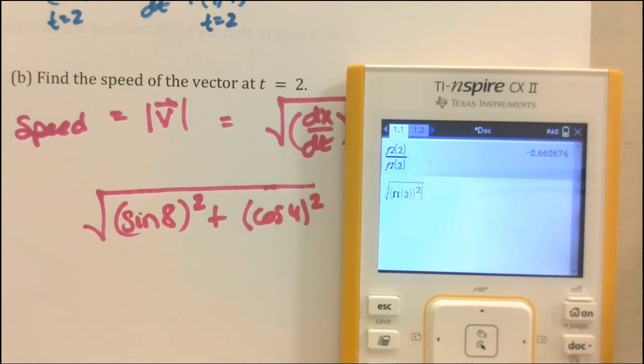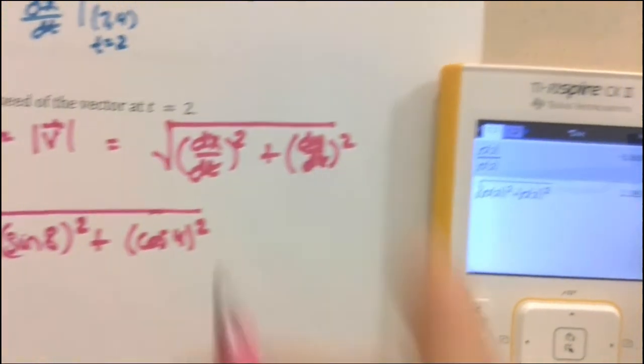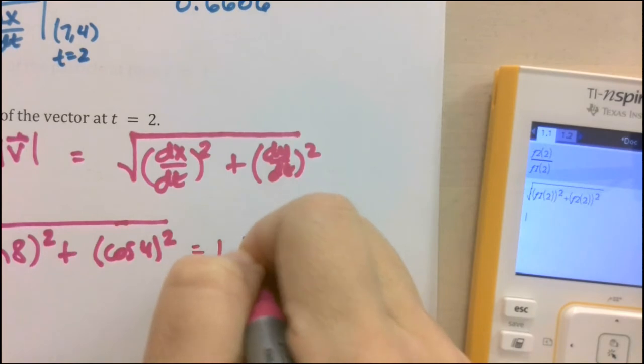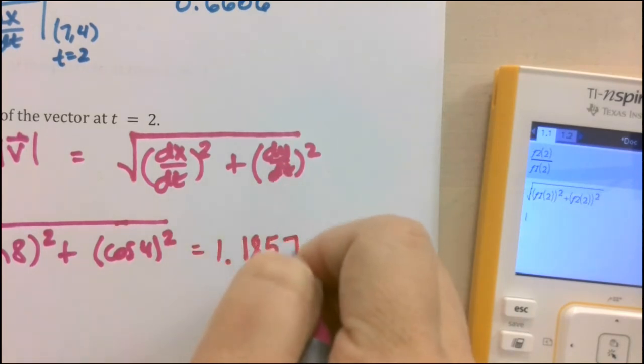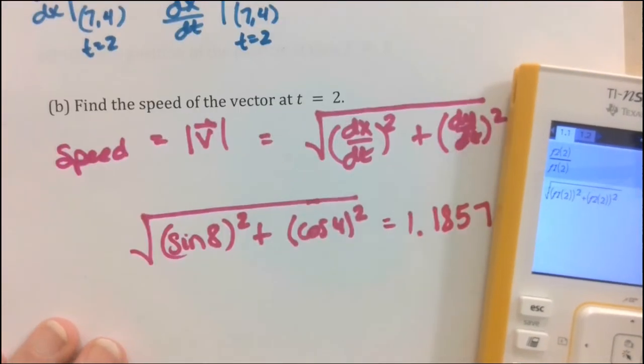There, f1 of 2 squared plus f2 of 2 squared. Whoops, I didn't get it outside the parentheses. Outside, there we go. And so we get 1.1857 for the speed.